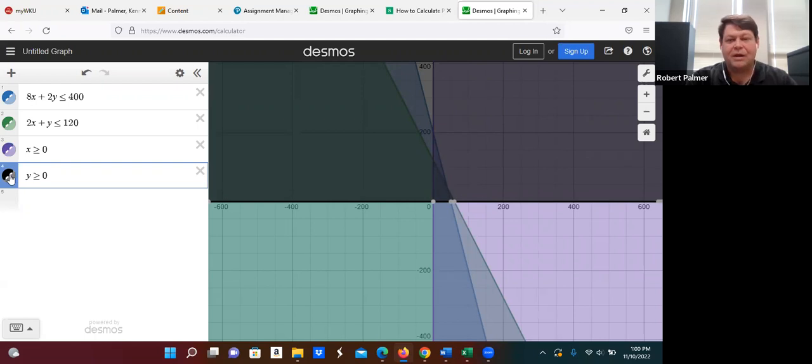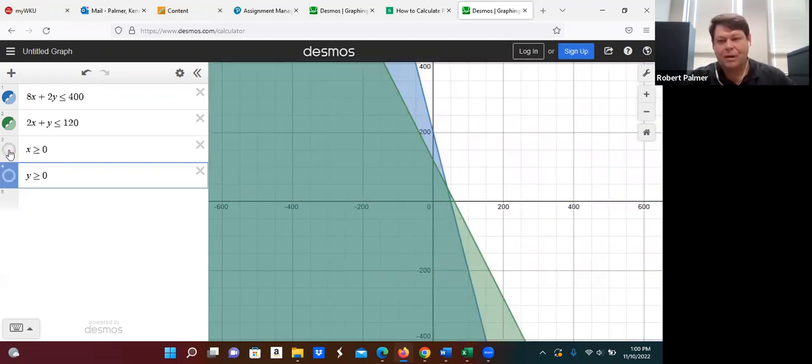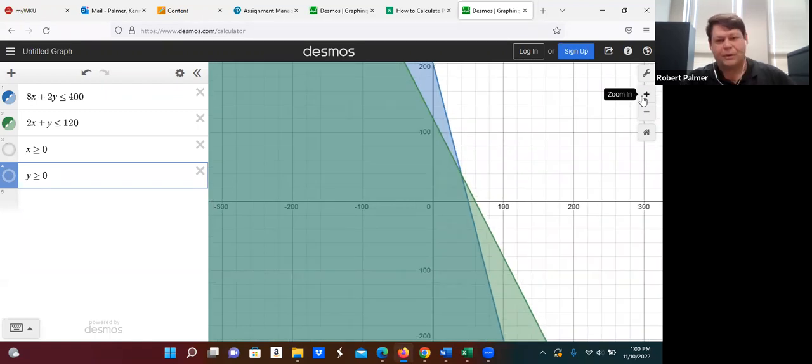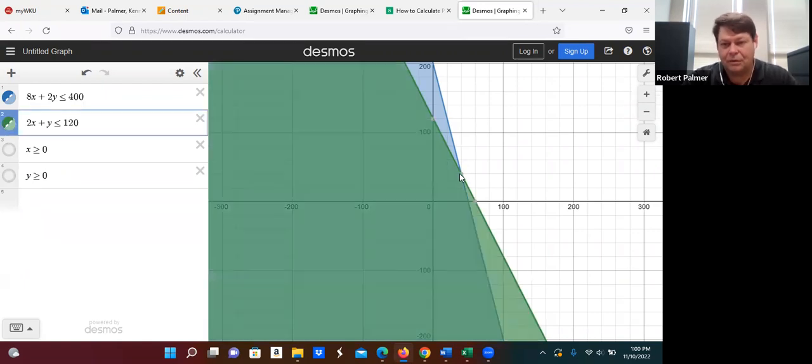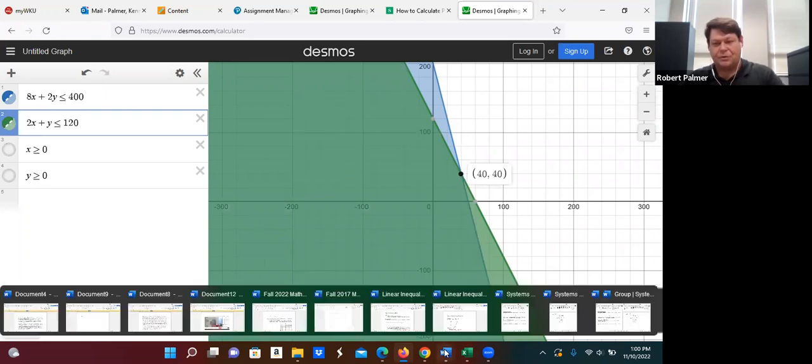So let's take those off, and let's see if I can zoom in a bit. So let's find our corner points. The one where those two intersect is 40 and 40. First off, let's start to draw this.